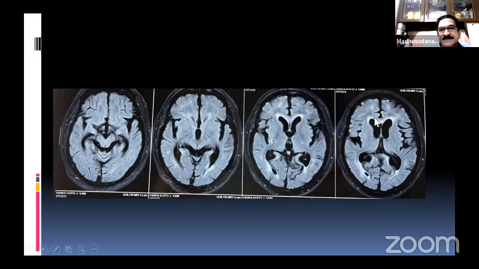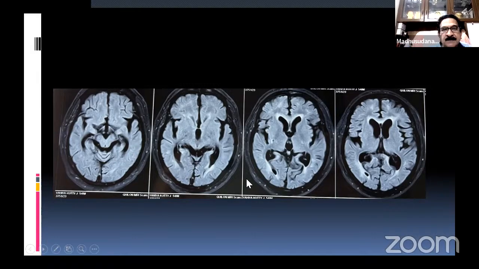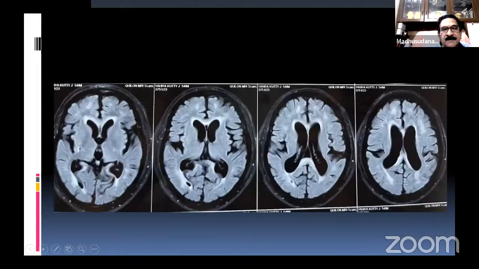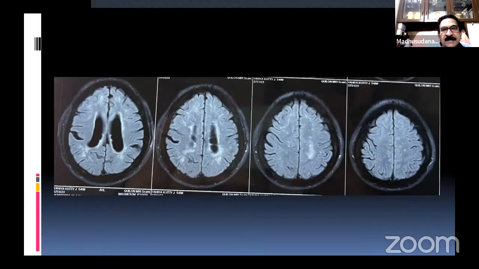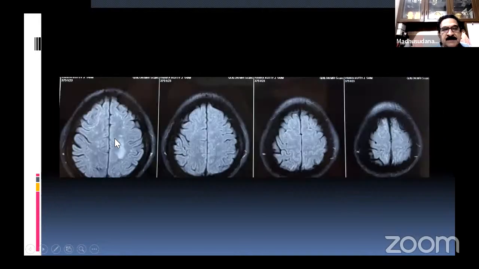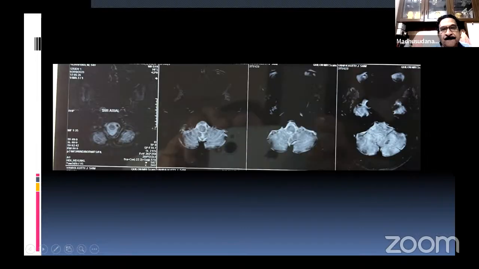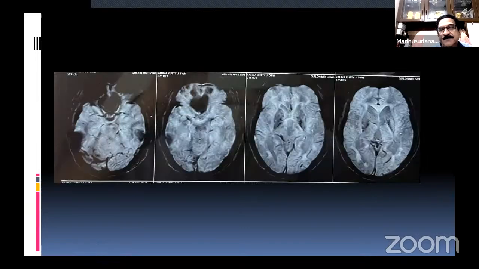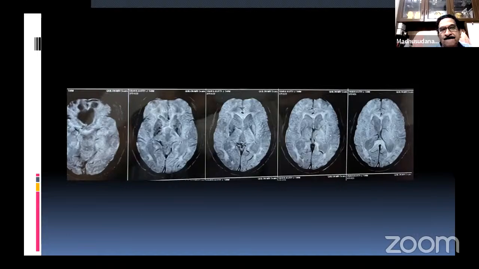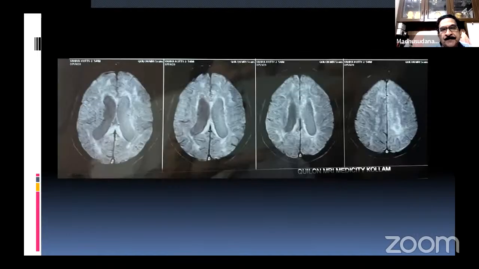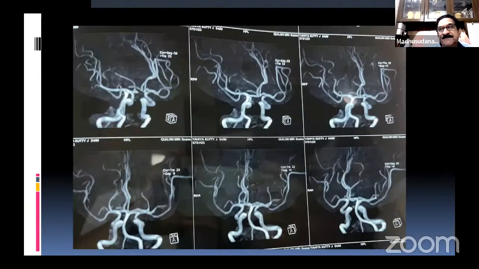The splenium shows hyperintensity here. Again, subcortical hyperintensity is there adjoining the ventricle. And then SWI: no evidence of any blooming anywhere. MR angio, perfectly normal.